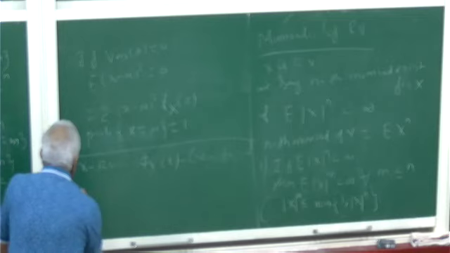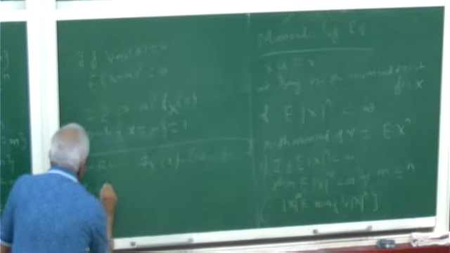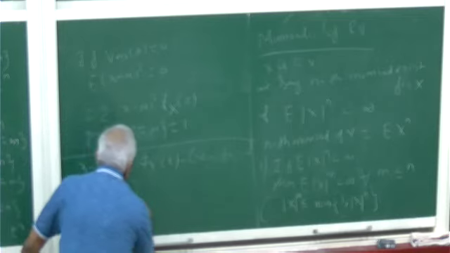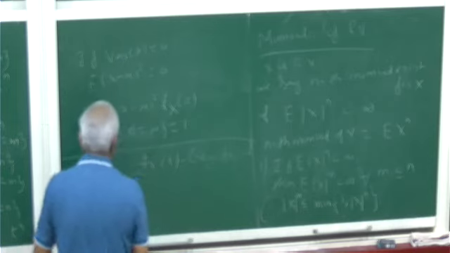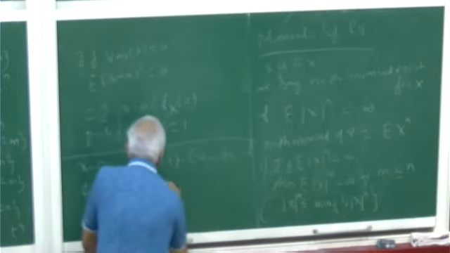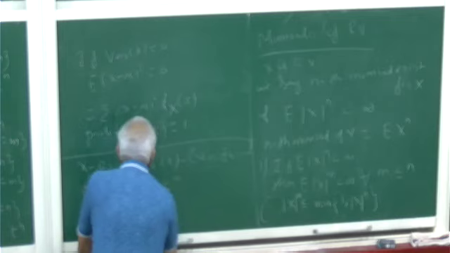For that we write the formula: P_x(t) is the summation n equal to 0 to infinity of t^n f_x(n).